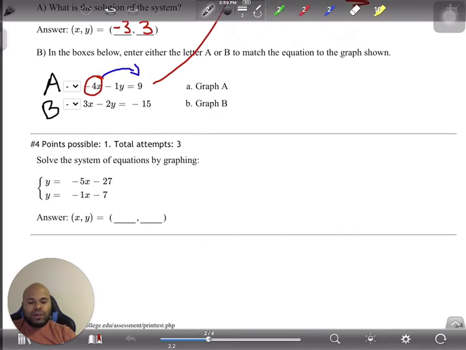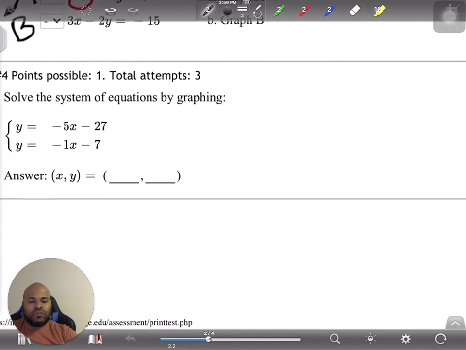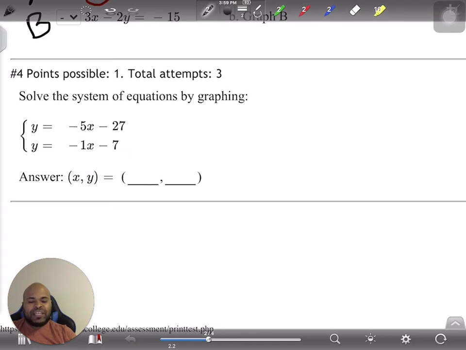Let's do number 4. Now, they want you to solve the system of equations by graphing. There's no graph here. So you have two options. The number one option, now hopefully you have the graphing calculator. All you have to do is go to your graphing calculator. You'll find a button that says y equals on the top, and you're gonna press that button.